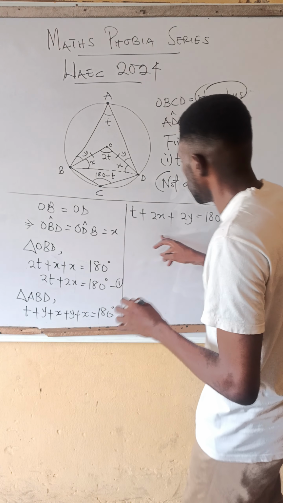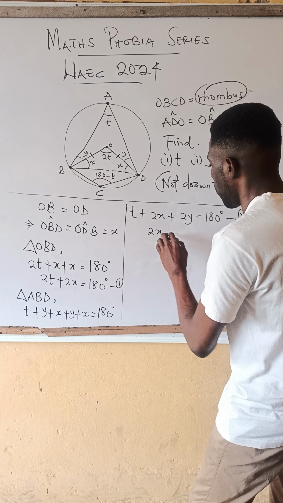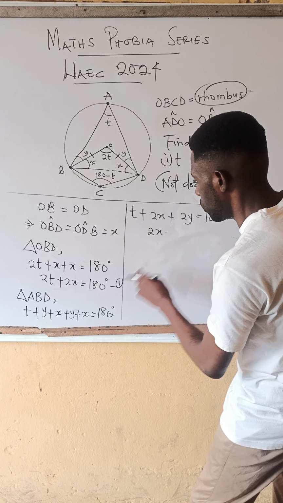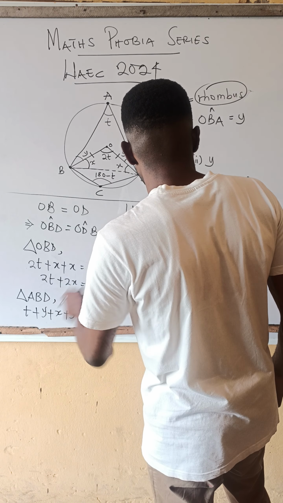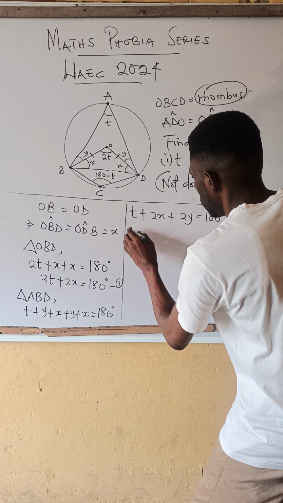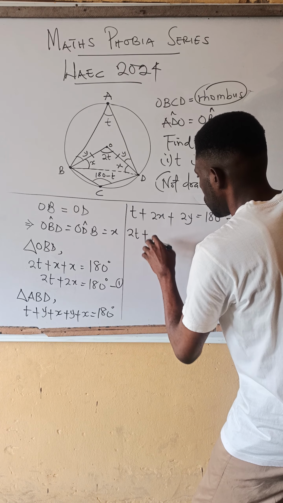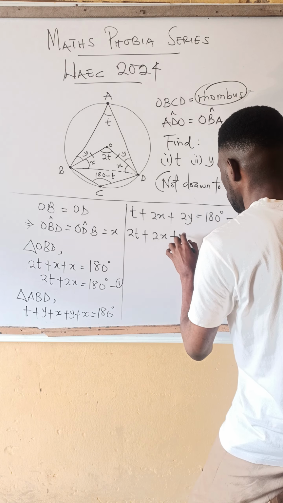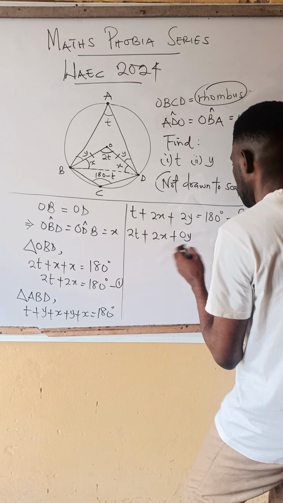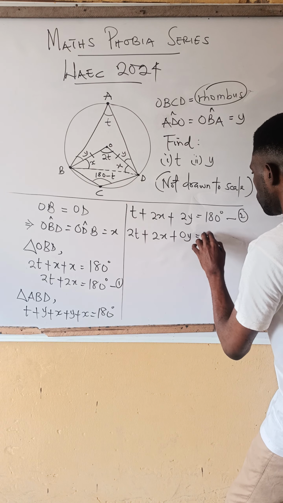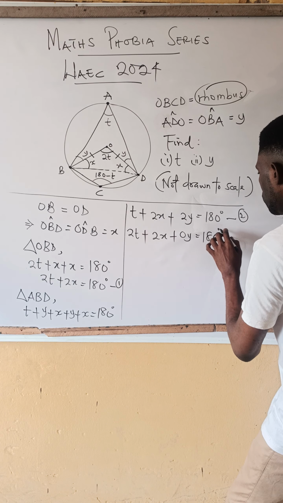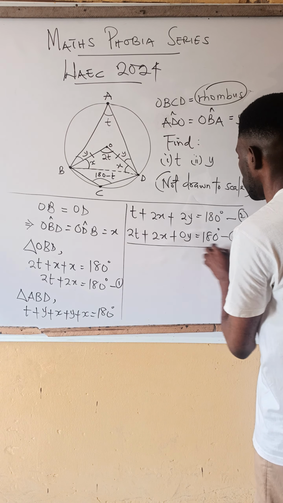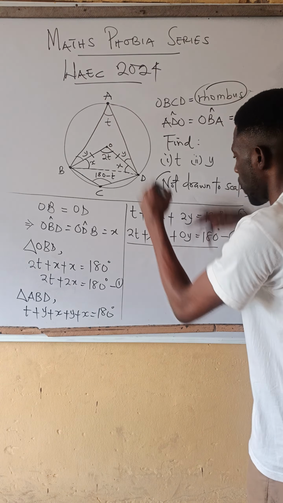If I bring down my equation 1 here, I'm going to have 2t plus 2x. I don't have anything pertaining to y, so let's just call it 0y. Equal to 180 degrees. Equation 1. So let's solve this simultaneously by the elimination method. 2x minus 2x gone.